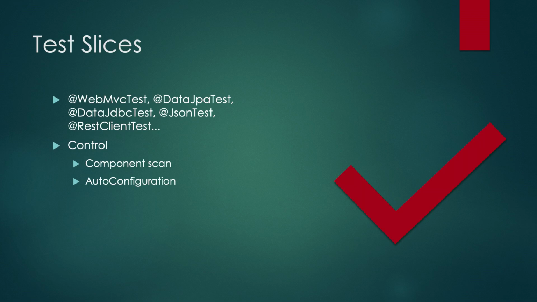First, they control what gets loaded, which of your user beans gets loaded in your application context in your test. And they do this by applying a filter on component scan. Component scan is just when Spring looks at all of your classes, figures out which ones are annotated with @Component, @Service, @Repository, or basically which ones it needs to register automatically, and then it applies a filter on top of that.